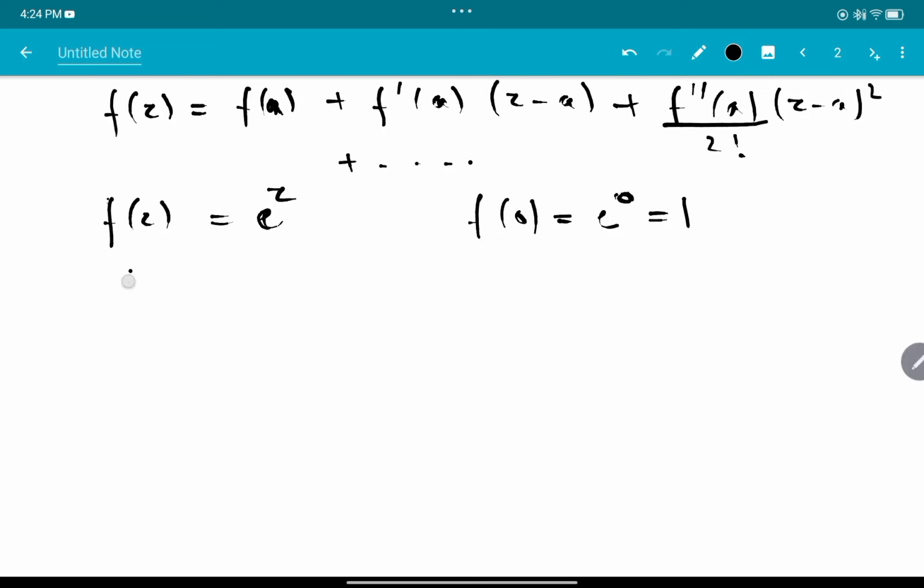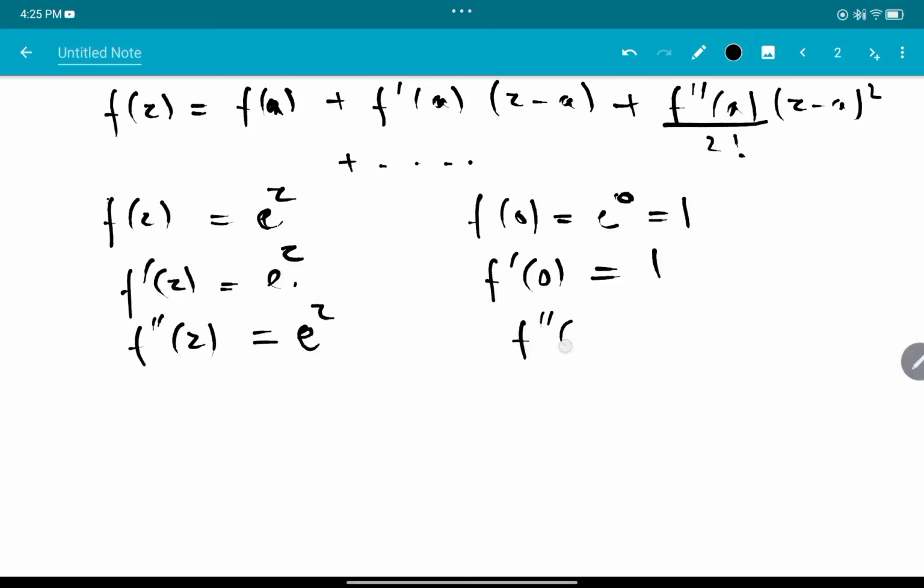Then the first order derivative of e raised to z is e raised to z. Then f dash 0 will be e raised to 0, that is 1. f double dash z is equal to e raised to z.